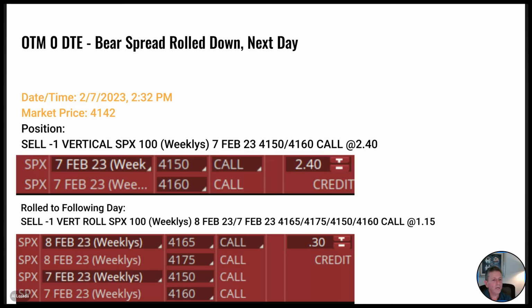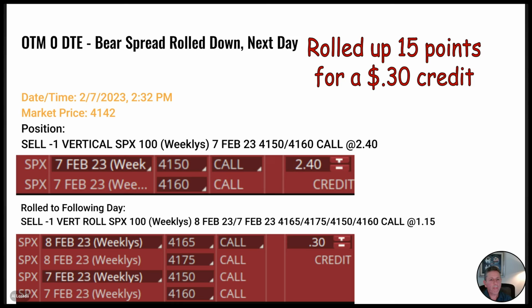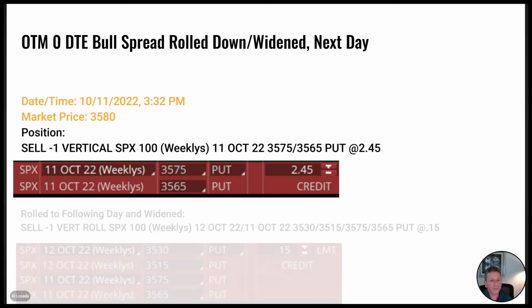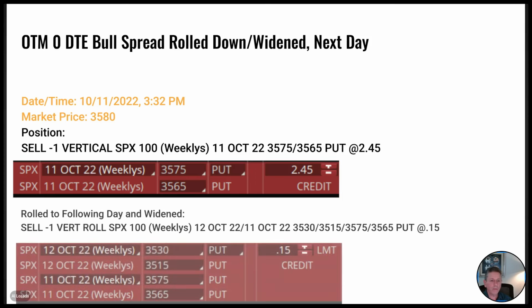Yes, with a 15-cent spread to this. So 15 points, you get a 0.30 credit, and it's less than the bull side. Sorry, the bear side. So now we have a roll down widened trade next day.